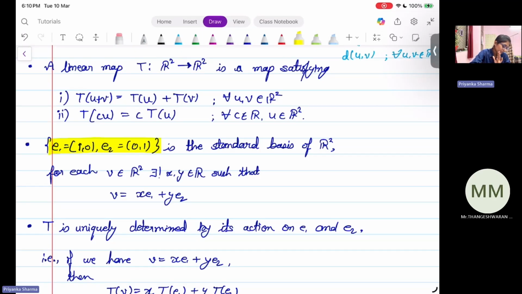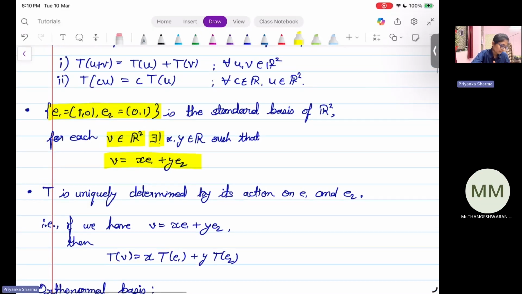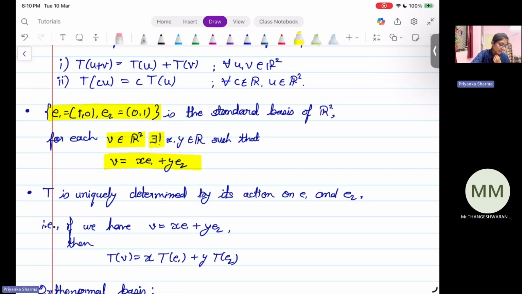That is, for each u belonging to R square, there are uniquely some x and y belonging to R such that u can be written as x e1 plus y e2. It means every u belonging to R square can be written in terms of e1 and e2, which form the standard basis of R square.